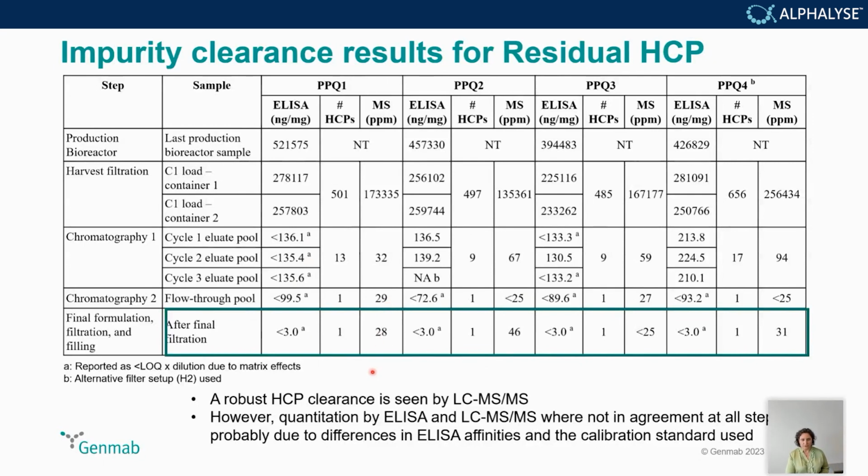But you also have the ELISA result, which is also limited by the method. The ELISA result depends on the affinities of the antibodies and the reference standard, the calibration standard you use. So both numbers, in a way, are relative to the method used to obtain the result.